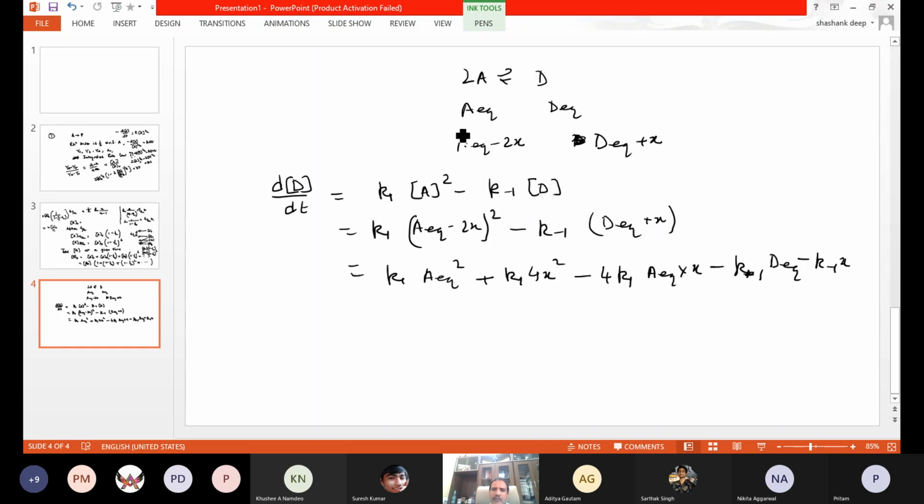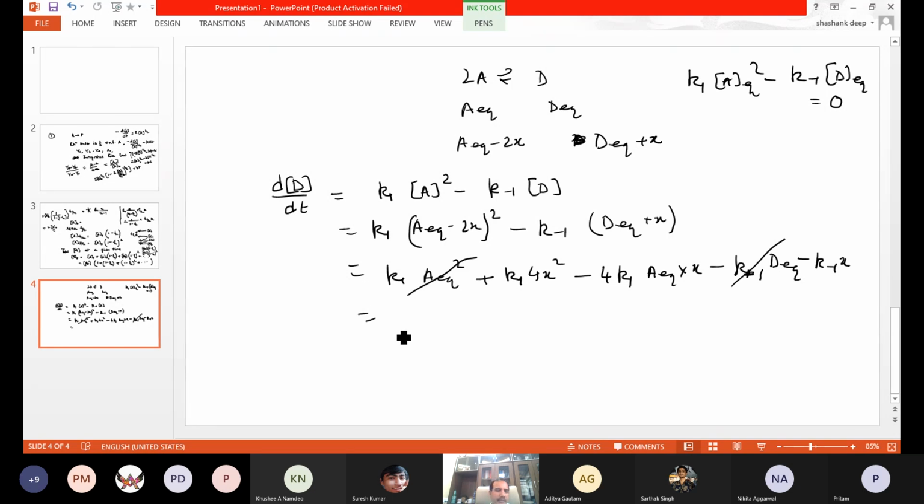Okay, and then at equilibrium, what will this be? K1 A equilibrium square minus K minus 1 D equilibrium should be equal to what? 0, because this is at equilibrium. So d equilibrium by dt is 0, so this term you can take out, and both equilibrium terms you can take out. Sum of these two will be 0.